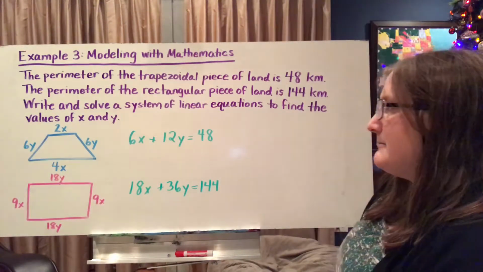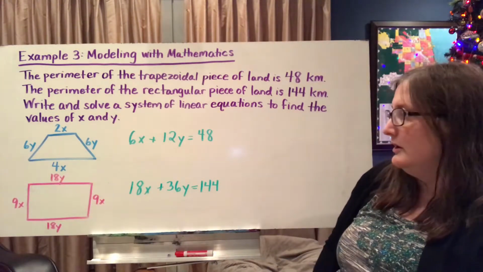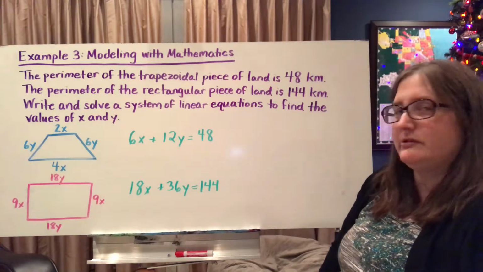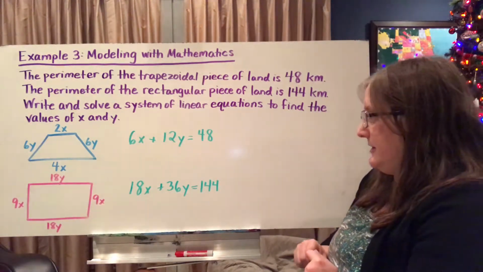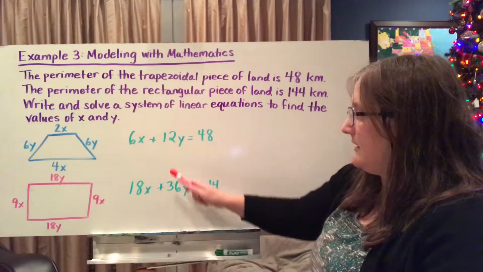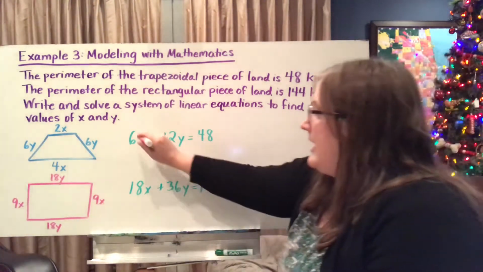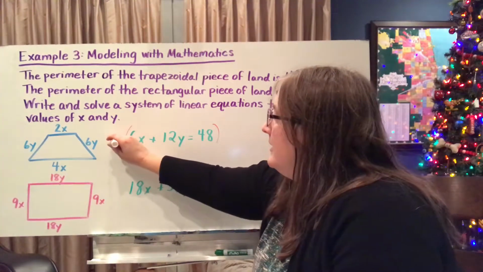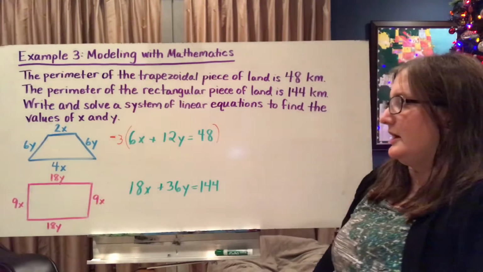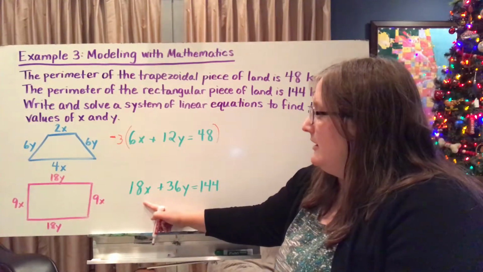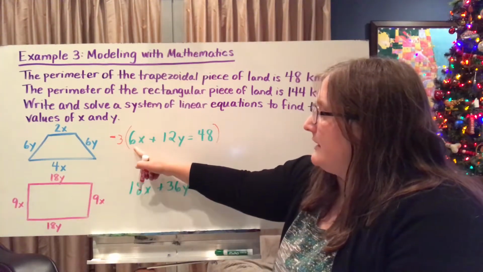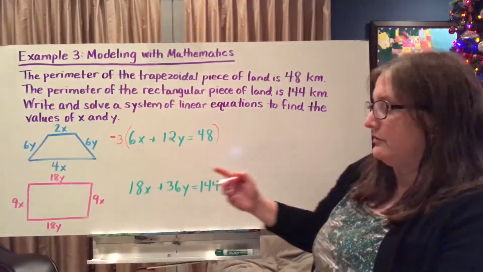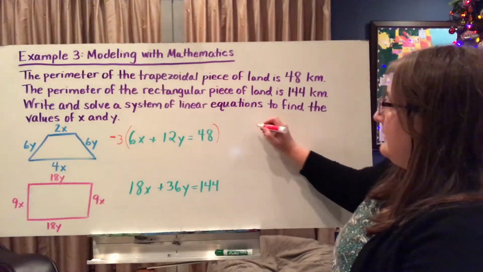So we can use any method we want here to solve this system of equations, but I think I'm going to use the elimination method. So I'm going to take this equation right here and multiply by -3. The reason I'm choosing -3 is because I see 18 here. I know if I multiply -3 times 6, I'll have -18x, and they will cancel each other out. So I'm trying to get something to cancel here.